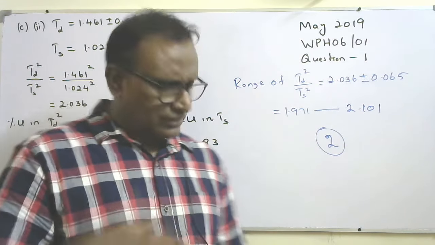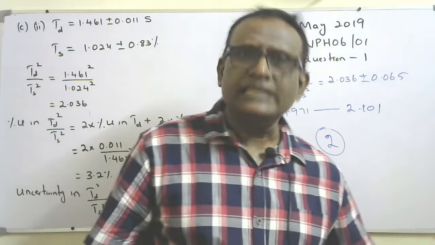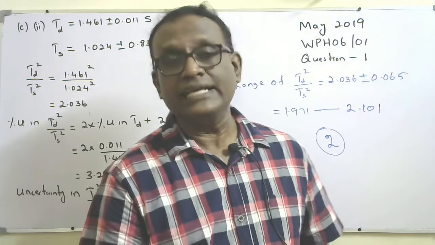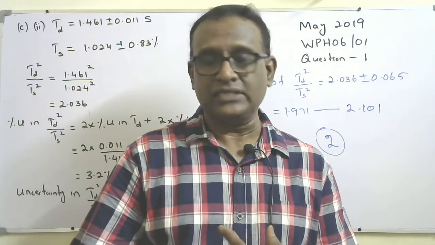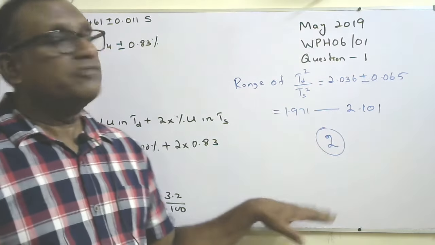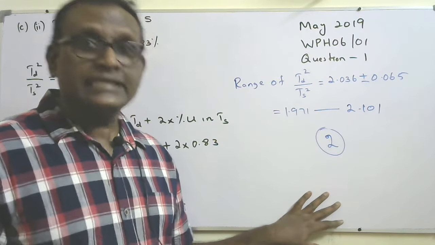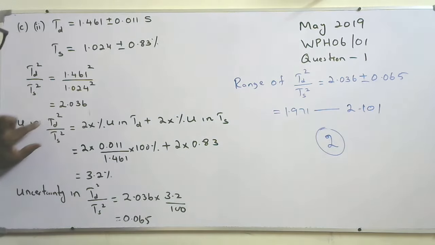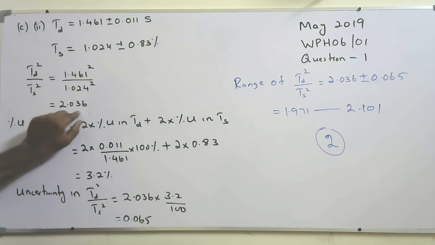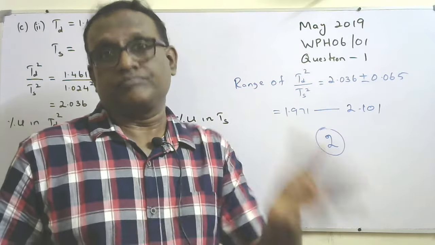Okay, so these are the type of questions that again come in the past papers, but only the equations they are giving might be different. Okay, so here also you can find the second method, find the percentage difference. You know the experimental value of this one, 2.036. Find the percentage difference between this and 2. 2 is the theoretical value.